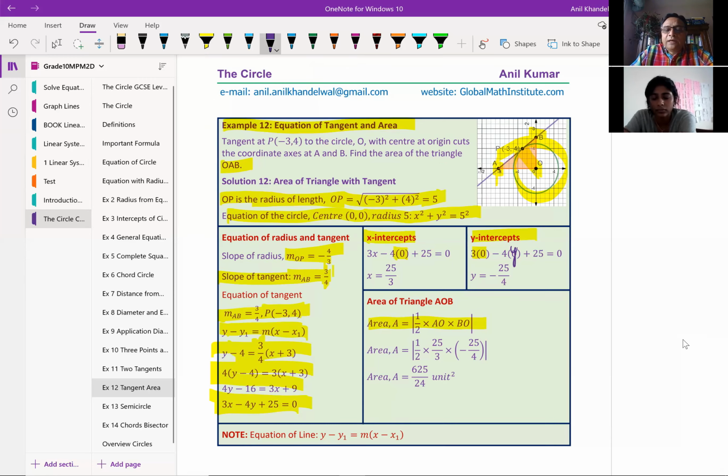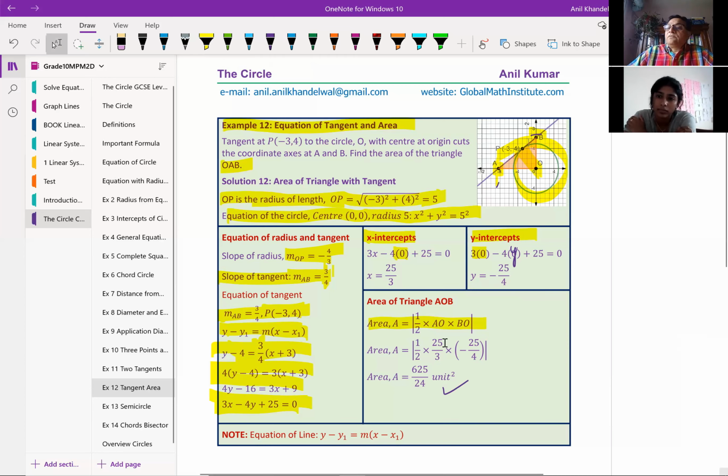When you get these two values, half the product of the intercepts gives you the answer. Half base into height, correct? So you know this intercept and that intercept, and half base into height gives you the answer. Area should be 625 over 24 units square in fractions. Is that clear to you? If you want to find it in 3 significant figures, use a calculator.